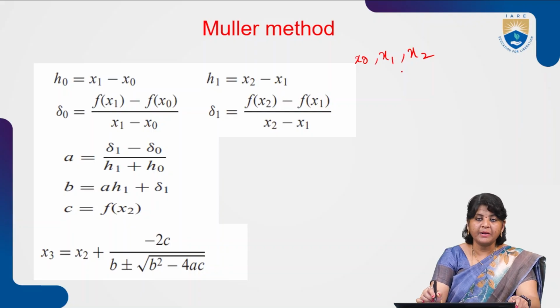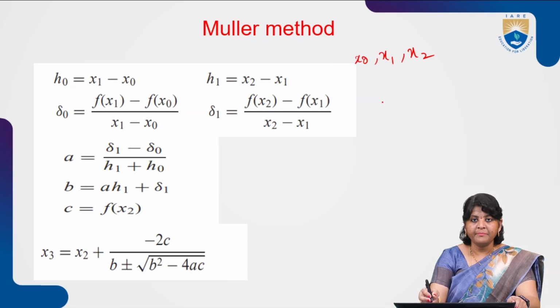These initial guesses are sometimes mentioned in the problem, otherwise we need to choose them. Here the procedure is the same: the root value always lies between a negative value and a positive value. We will find f of x0 and f of x1 and then move on to the root value, that is x2.